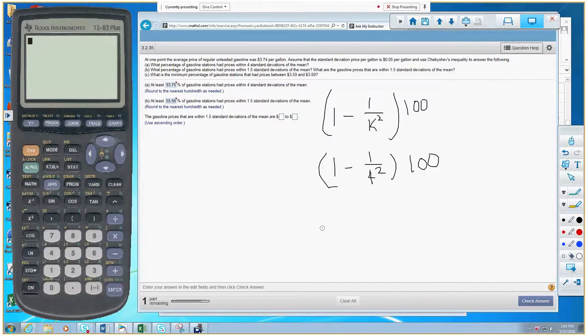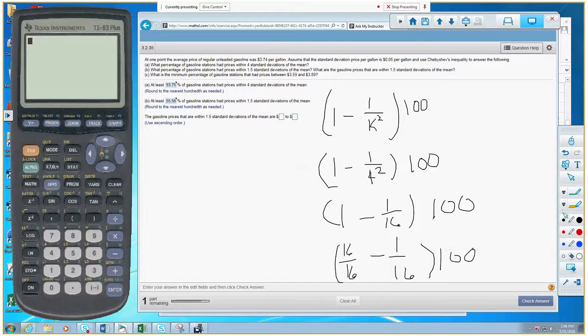So 1 minus 1/16 times 100. And that's going to be 1 is 16 over 16 minus 1 over 16. And that gives us 15 over 16 times 100.